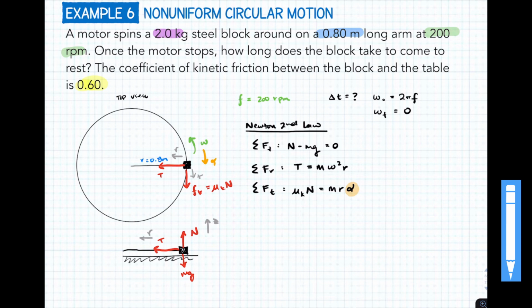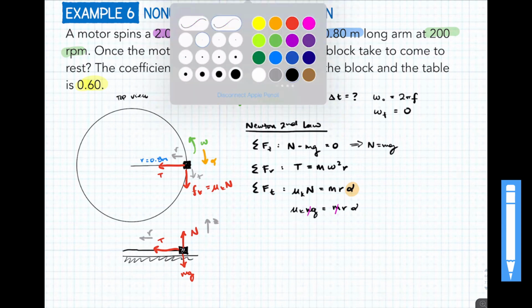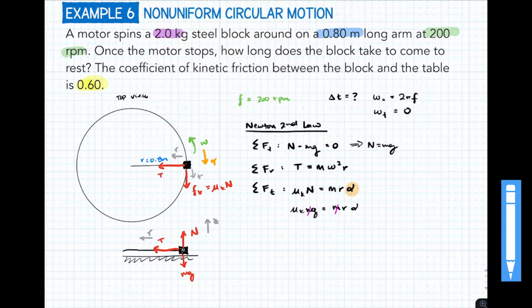So remember, N is equal to mg. So we can write mu k mg is equal to m r alpha. Nicely, the masses are going to cancel, and we'll get alpha is equal to mu k g over r.